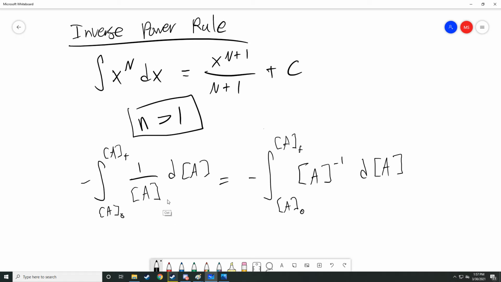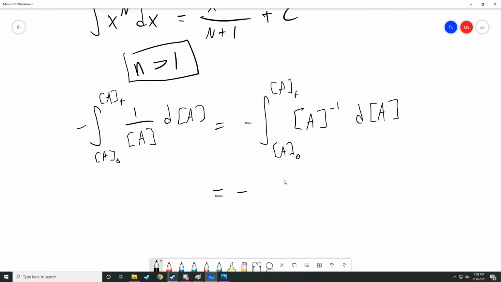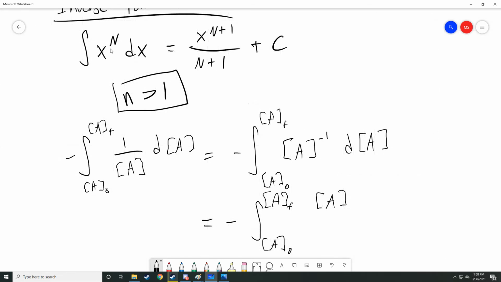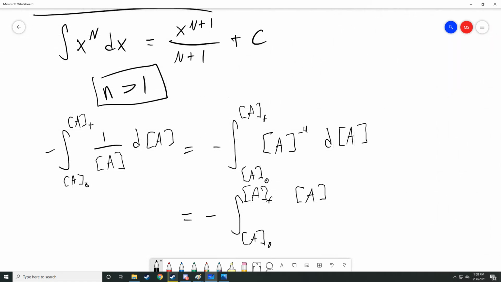Remember, we had our n here, and if I plug it in, then it's just equal to this. And let's look at what happens when we try to apply the inverse power rule here. We're going to get that this is equal to negative the integral A naught to A final of A, in this case our n is 1, our big N is equal to our little n, and that's 1, plus, sorry, no, they're not equal.